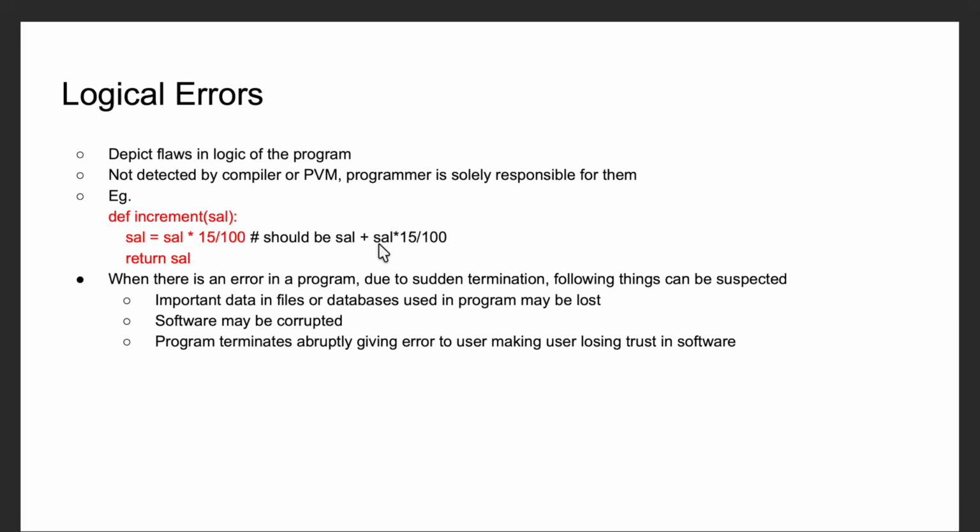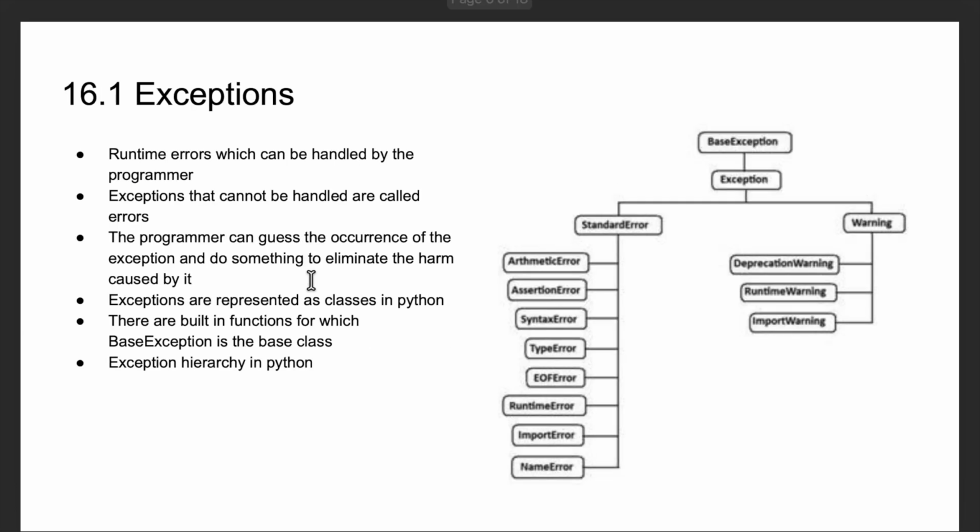That should have been the case, and this will give an output, but it will be different from our expected output. So these are logical errors. They are not really errors, but the logic is flawed, and that is where the programmer is solely responsible.